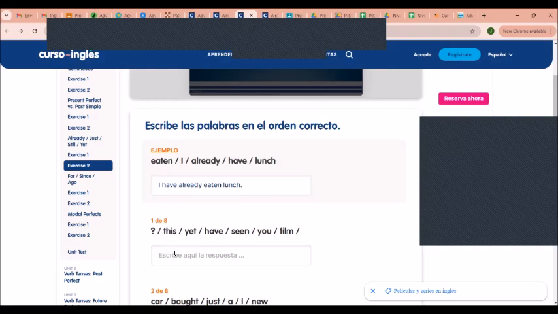I had seen two people raise their hand. I think it was Monserrat Jimenez, and then Alejandra. So let's start with Monse. Go ahead, Monse. Have you seen this film yet?